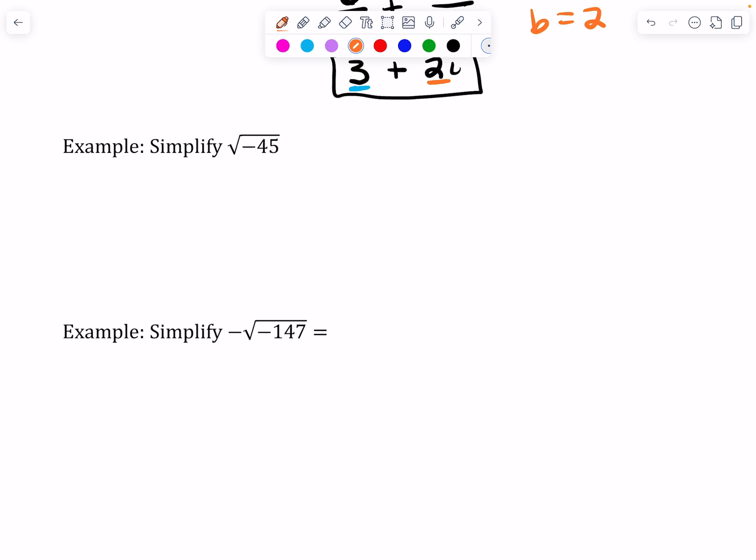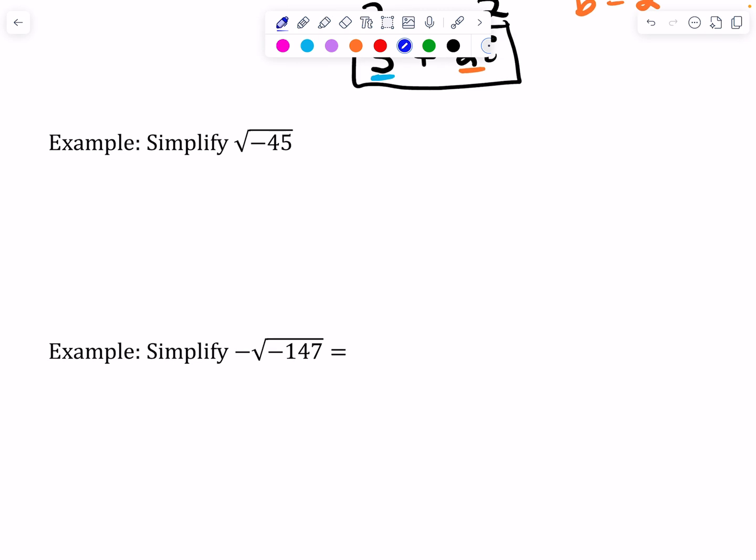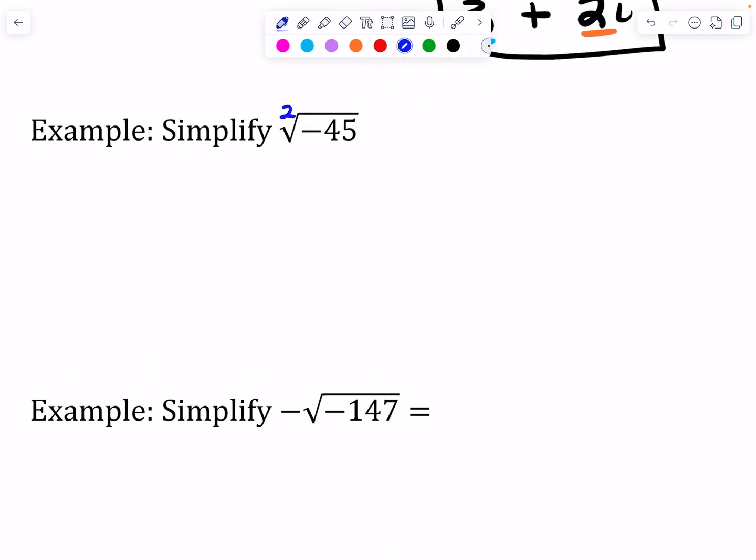So now our next example says the square root of negative 45. So anytime you see a negative under a square root, and remember our index here is a 2, that's how we know it's a square root.